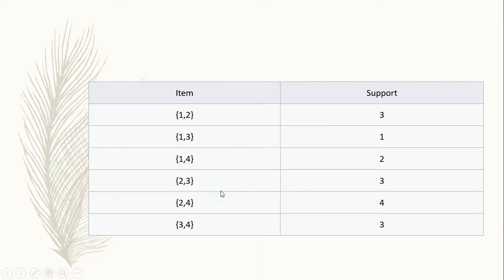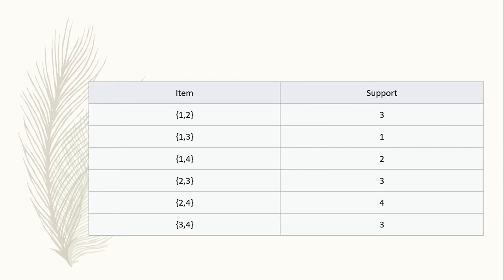Now moving to step number 2, where we find the pairs. In the previous slide all the frequent item sets satisfy the condition of minimum support 3. The minimum support can be 3 or more, and if it is less than 3, it will be deleted.